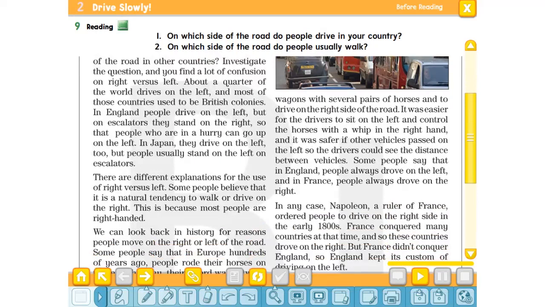There are different explanations for the use of right versus left. Some people believe that it is a natural tendency to walk or drive on the right.